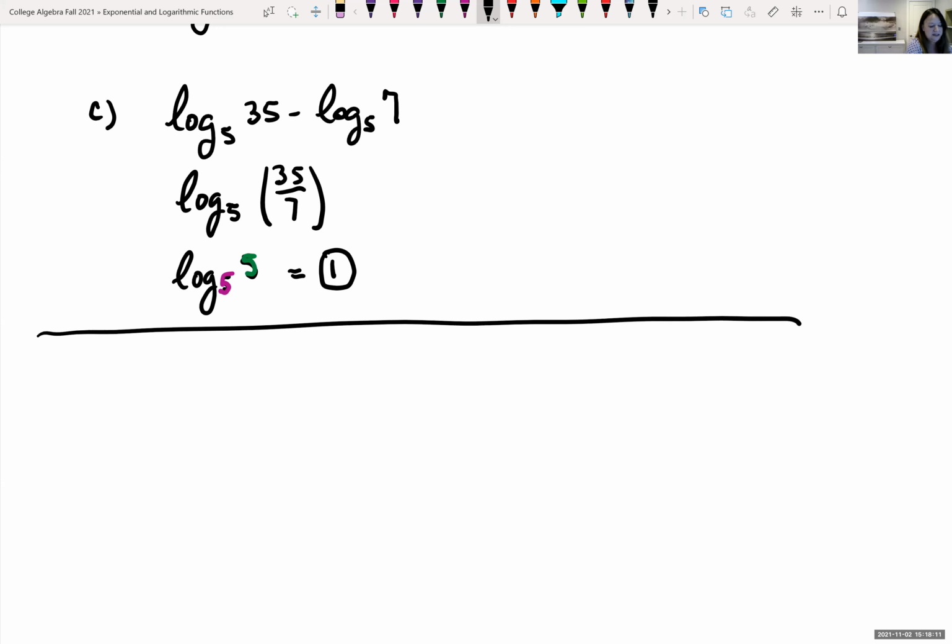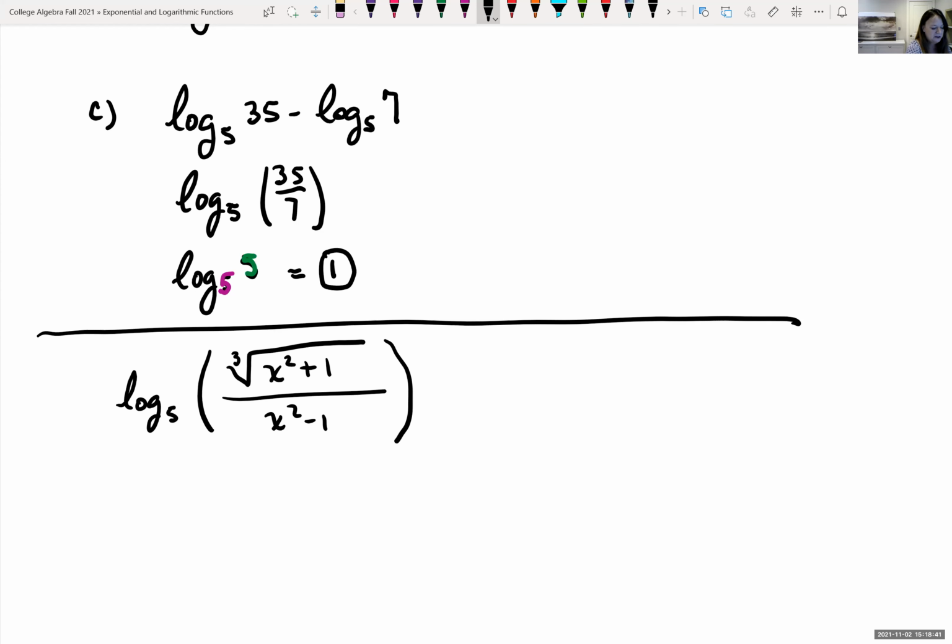Okay, so it's important to be able to take an ugly looking logarithm and rewrite it as a sum and difference of simpler logs. Let's say that you have log base 5 of the cube root of x squared plus 1 all over x squared minus 1.